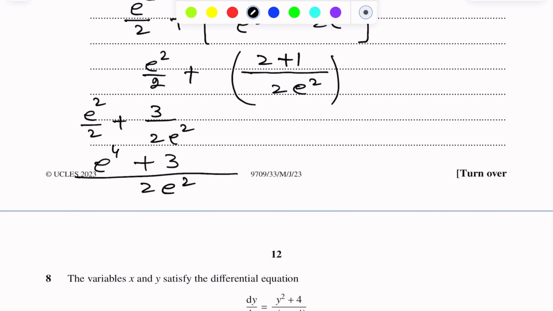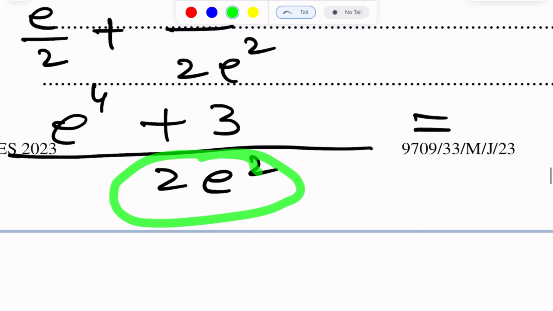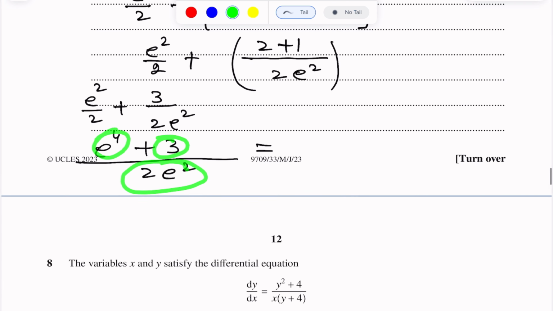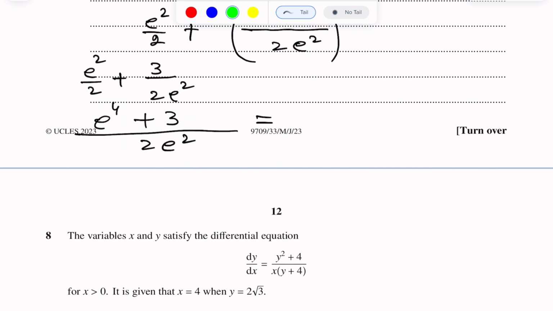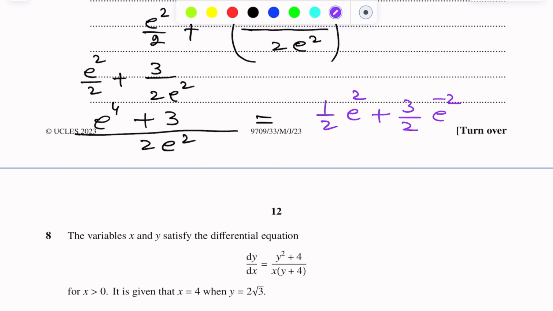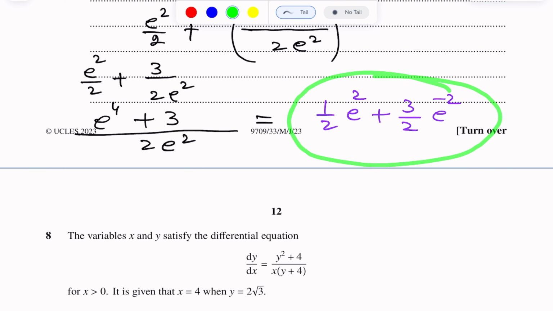This is the answer, but we can further simplify it. 2 e square can divide each term of the numerator, so we will write it finally: e^4 over 2 e square, that is e square over 2; now 3 over 2 e square, that is 3 over 2 times e power negative 2. This is the final answer in exact form.